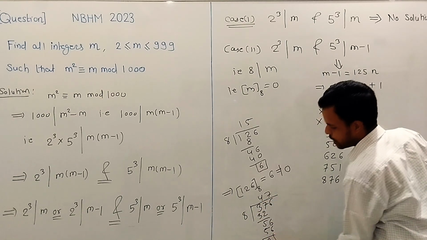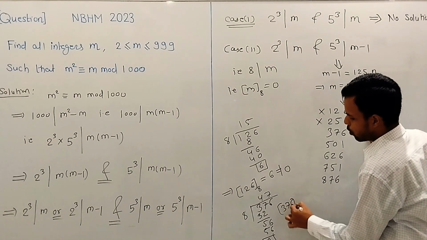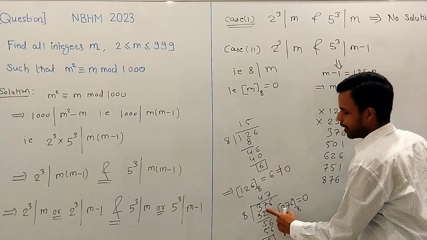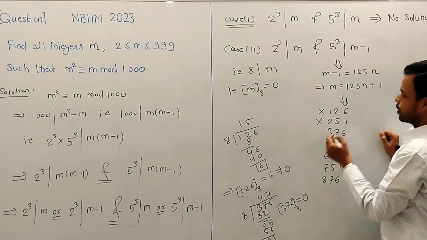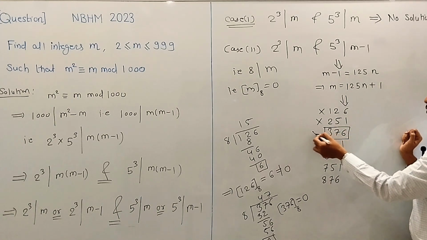So remainder is 0. So from here we get 376 modulo 8 equals 0. That is, 8 divides 376. Okay, that is, this condition is satisfied. So one possible value of m is 376.